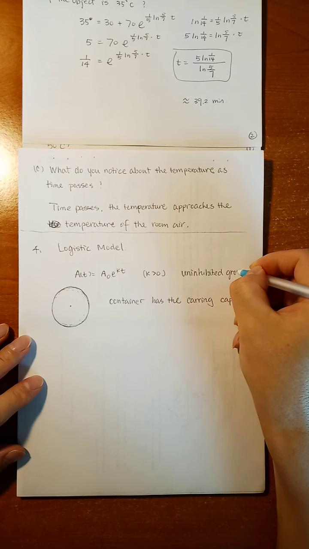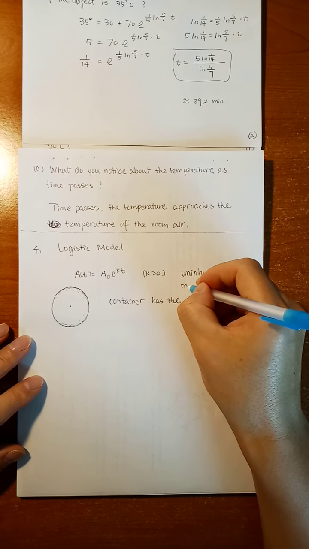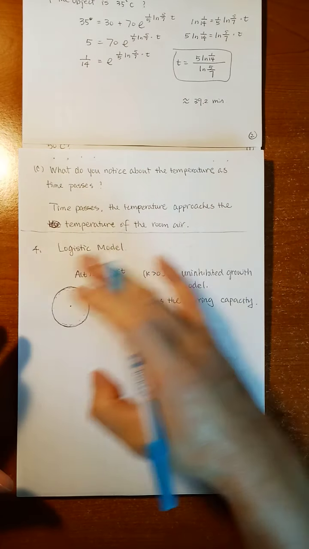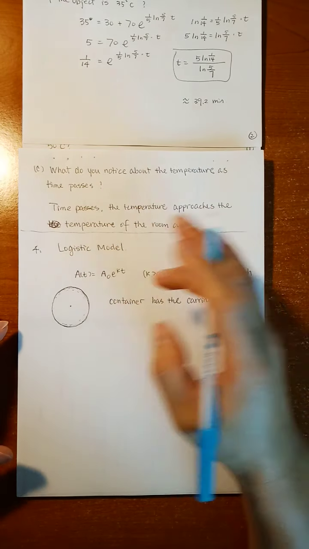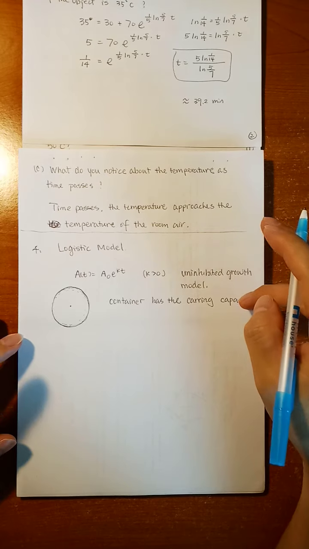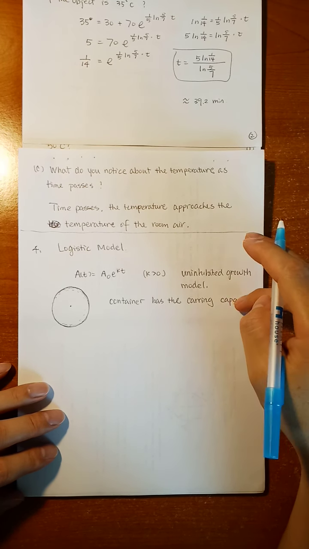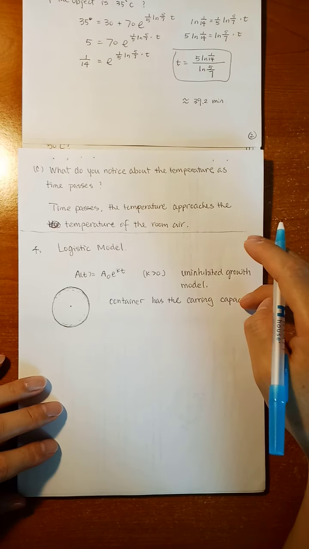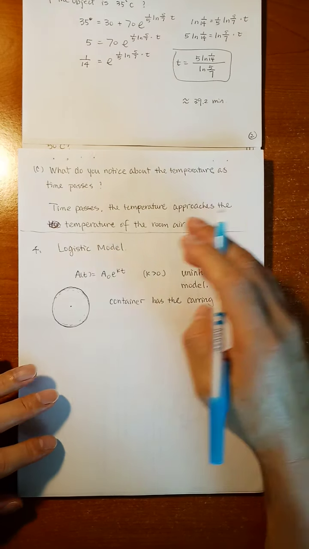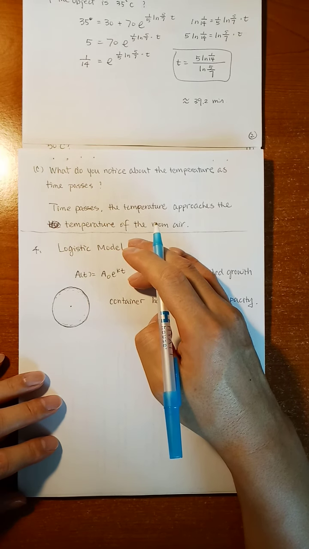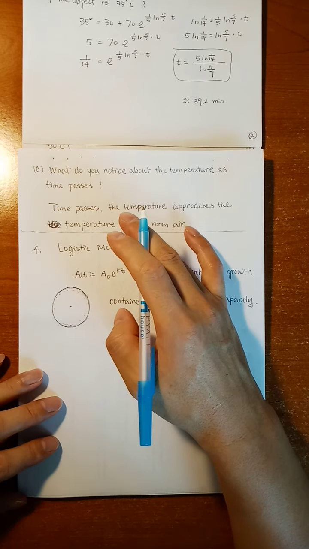But eventually you have to consider the carrying capacity. When you consider it, the growth model is not like this. It's called the logistic model.